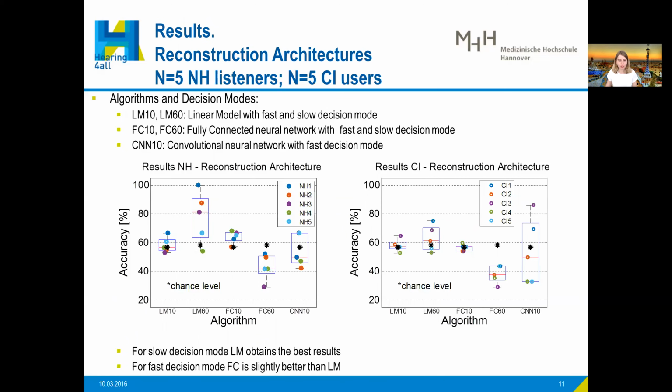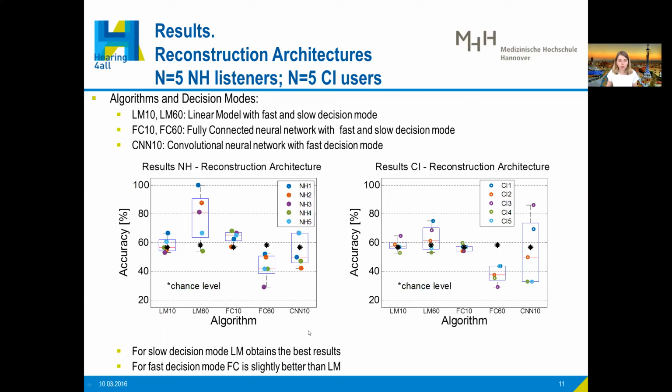On this slide, you can see results for different models. LM10 means linear model for 10 seconds, LM60 linear model for 60 seconds, FC fully connected for 10 seconds, fully connected for 60 seconds, and convolutional neural network just for 10 seconds, so for fast decision mode.